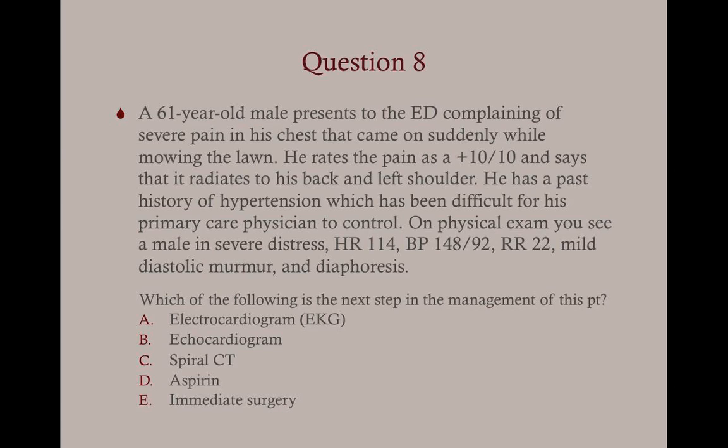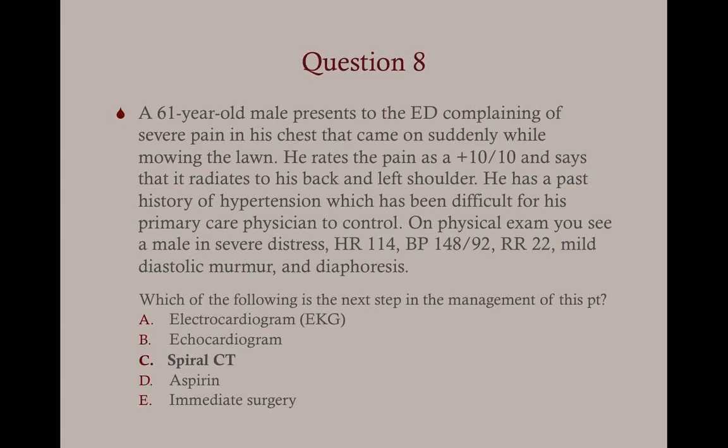On physical exam, you see a male in severe distress, heart rate 114, blood pressure 148/92, respirations of 22, and mild diastolic murmur, and diaphoresis. Which of the following is the next step in management of this patient? Is it A, an electrocardiogram, B, an echocardiogram, C, a spiral CT, D, an aspirin, or E, immediate surgery? I'll give you time to pause.